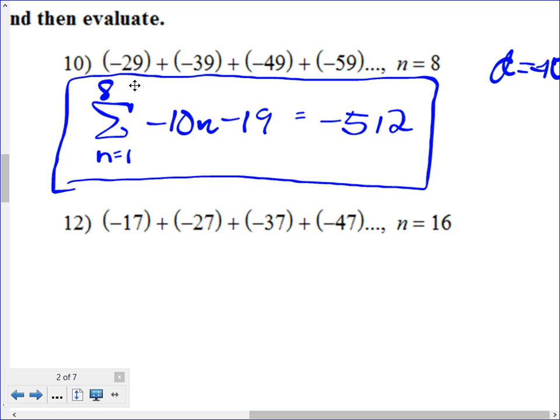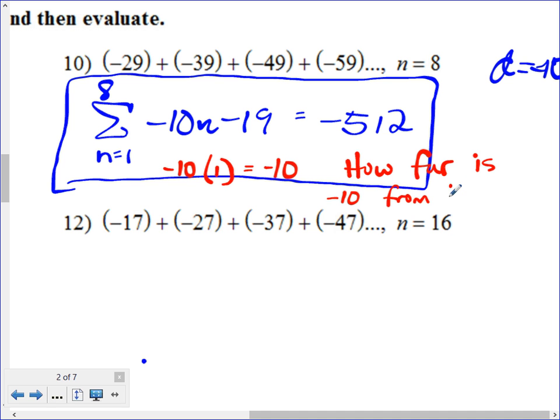Because if you put 1 for n, it's going to give you negative 10, so you have to subtract 19 to get negative 29. You're going to the 8th term. If you plug in 1 for n, you get negative 10 times 1, which is negative 10.